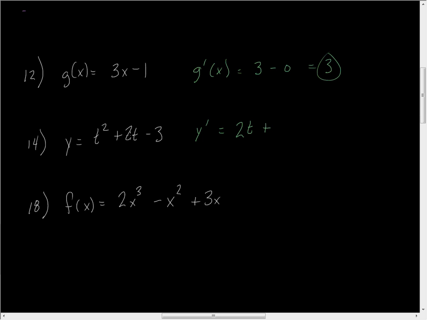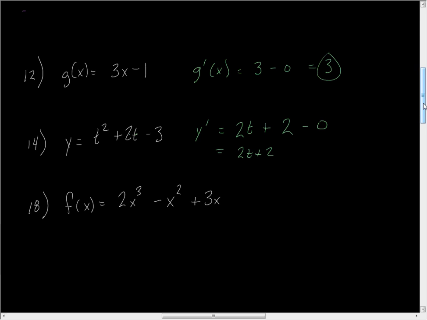The derivative of 2 times t is 2 times the derivative of t. The derivative of t is 1. 2 times 1 is 2. The derivative of negative 3 is 0. Okay, so this is going to be 2t plus 2.